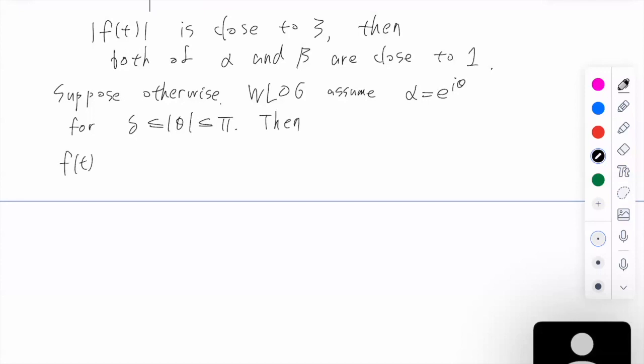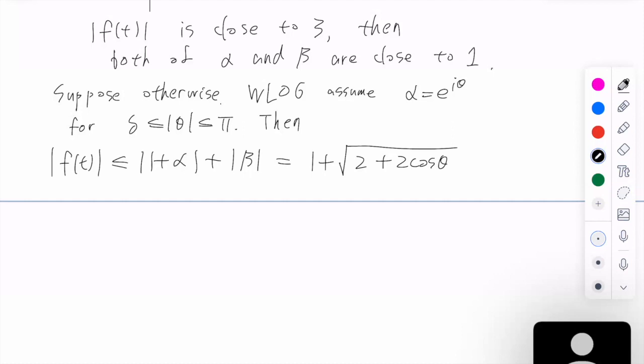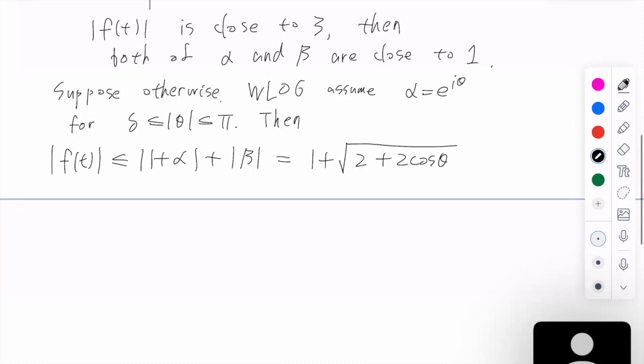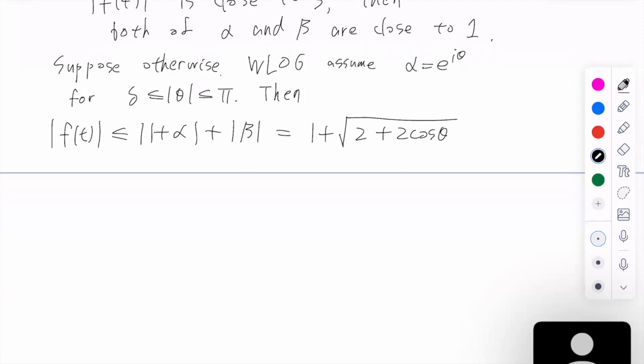We use the triangle inequality to get that the absolute value of 1 plus alpha plus the absolute value of beta is at most 1 plus the square root of the absolute value squared, which is equal to 1 plus the square root of 2 plus 2 times the cosine of theta. This is after some manipulation, and you will obtain this term. By our specification for the cosine, this whole quantity is less than or equal to 1 plus the square root of 2 plus 2 times the cosine of delta.